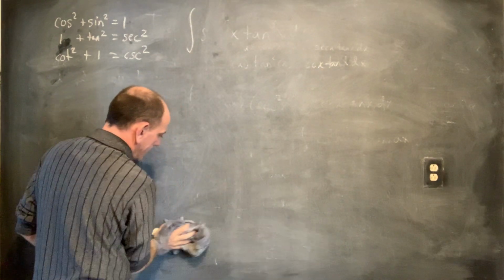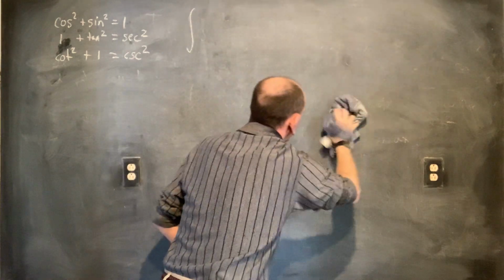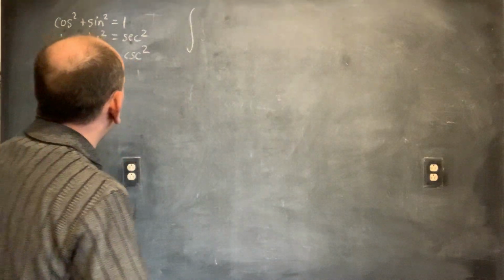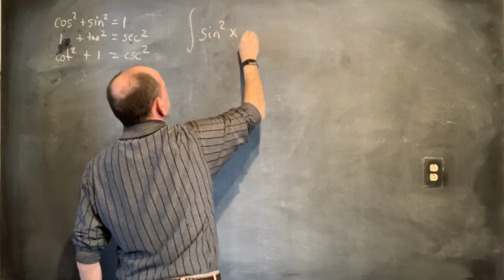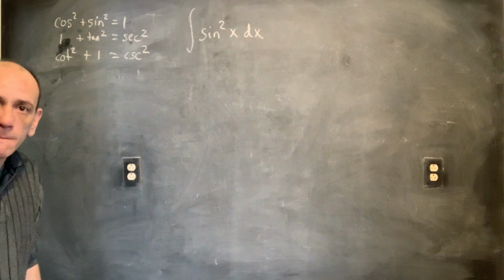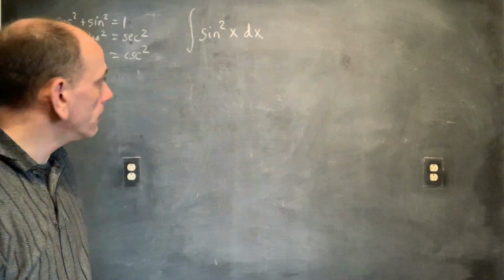That doesn't really fit. So let's say we've got just straight sine square of x dx. Yeah? So I'm stuck only with an even power of sine here.